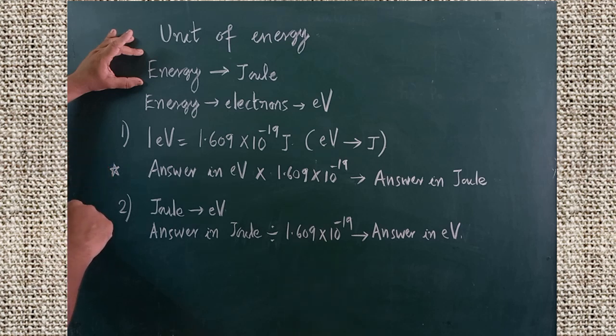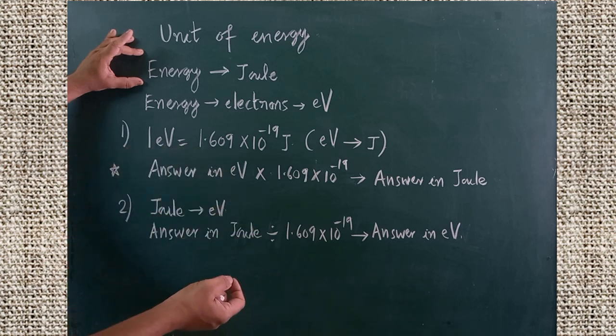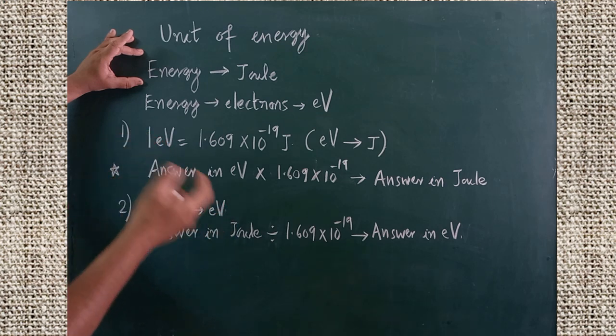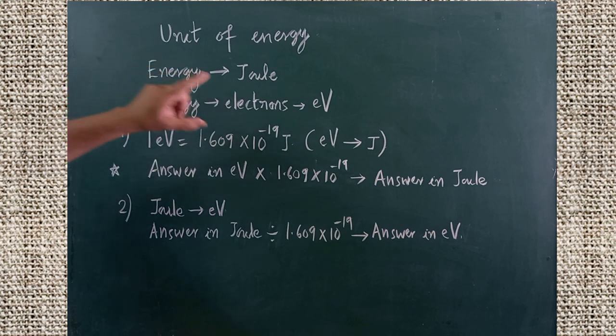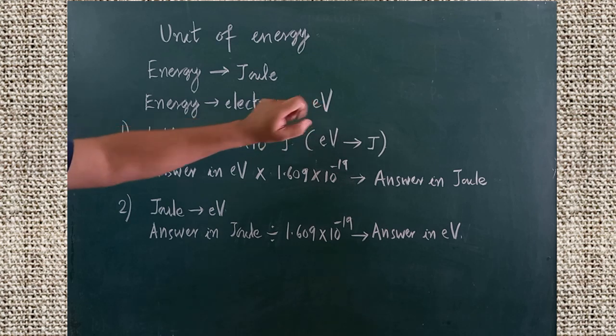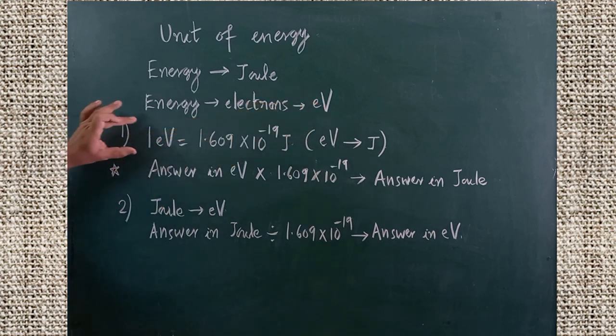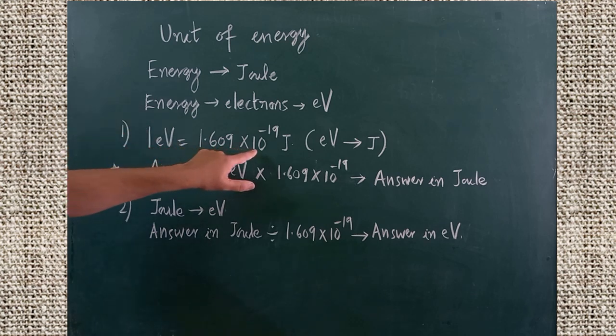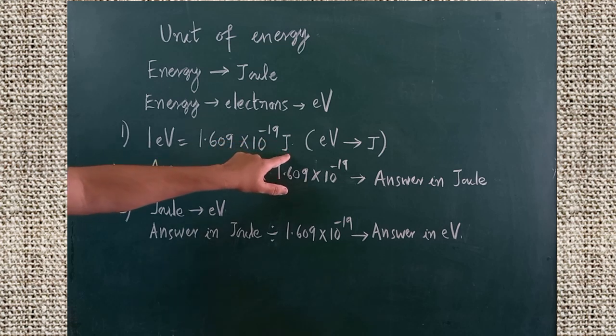So whenever the electron comes out from the metal, it will have its own energy, the energy of the photoelectron, that should be measured in terms of electron volt. That is very important. The energy of the photoelectron must be measured only in terms of electron volt. Know the important conversion: 1 electron volt is equivalent to 1.609 into 10 to the power of minus 19 joule.